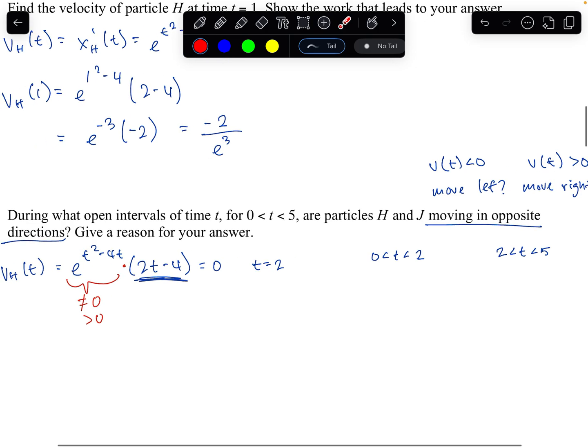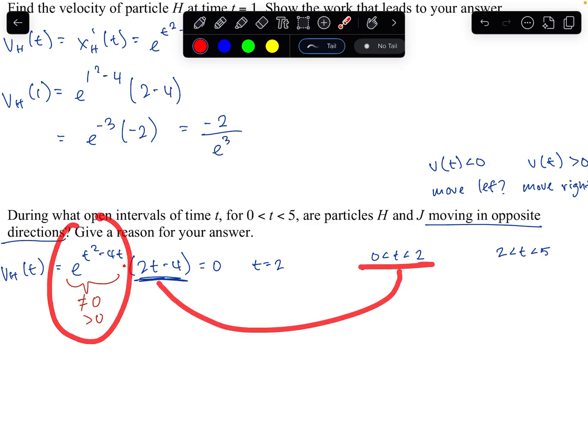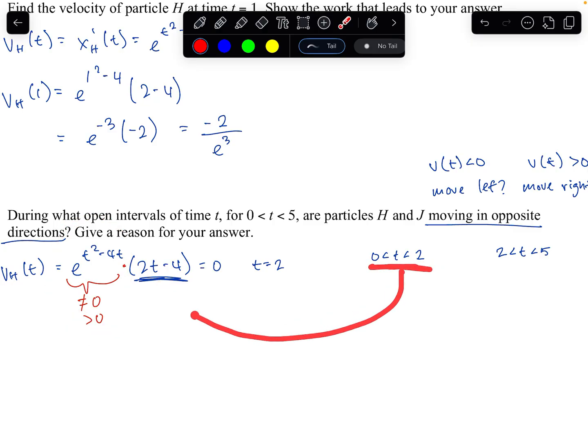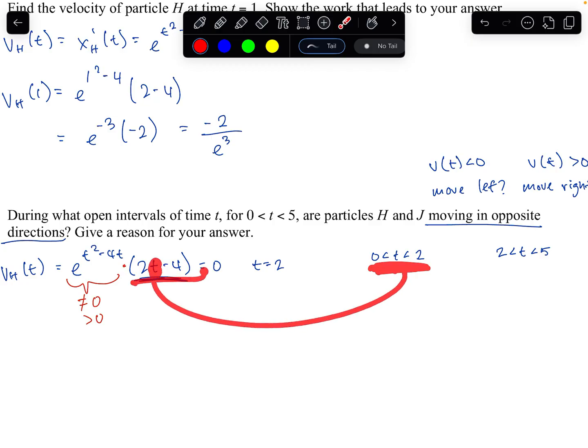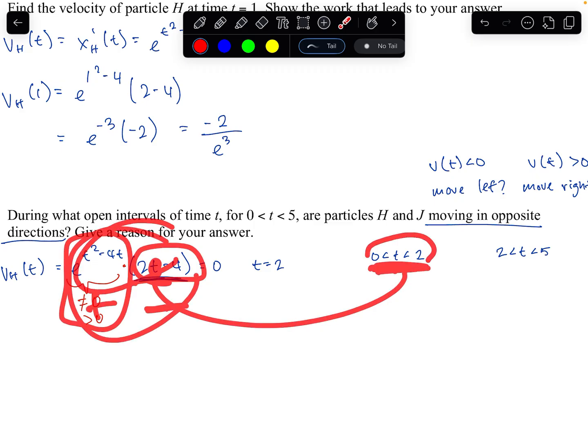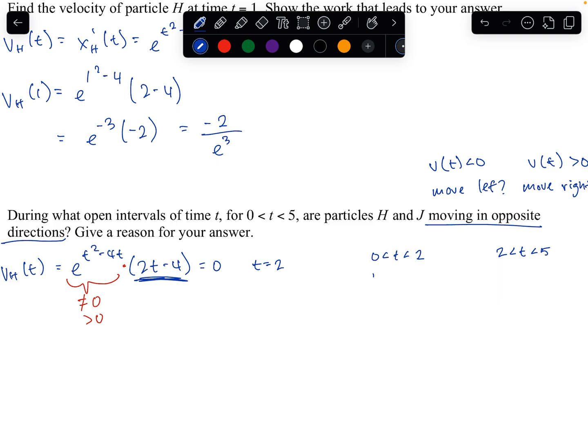If I plug values between 0 and 2 into the function, I don't need to plug them into the exponential part because it's always positive. Take 1 as an example. This becomes 2 minus 4, so this would become negative. Any value between 0 and 2 being plugged in here makes this negative. This is always positive. So any number between 0 and 2 makes the entire expression negative.